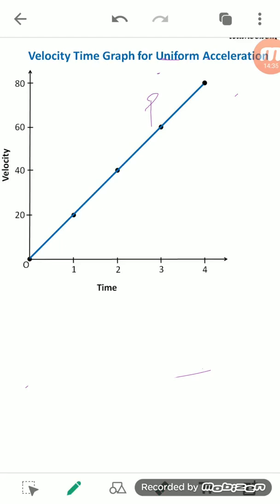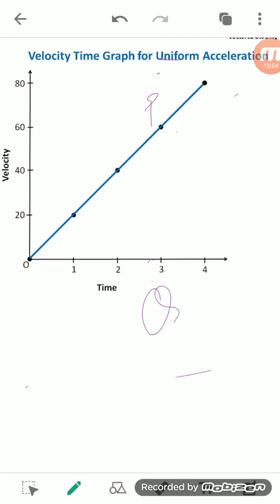Now, because there is a change in the velocity, we are able to find the value of the acceleration from this speed time graph of a moving body. To calculate the acceleration at a time corresponding to a point, suppose we take a point here, q.